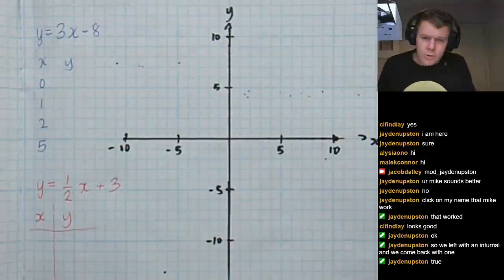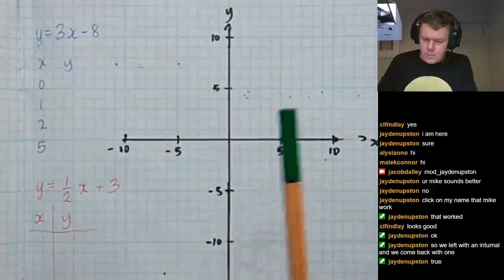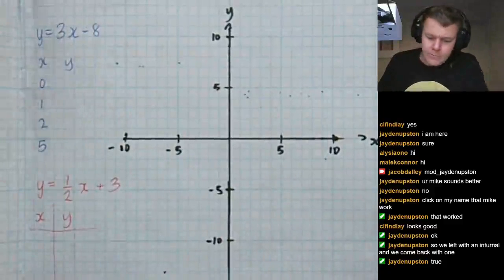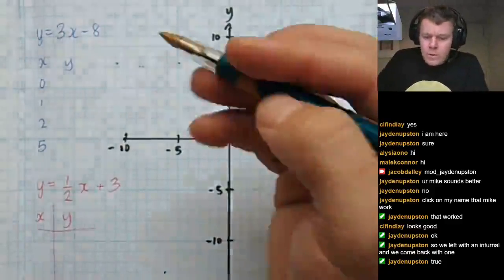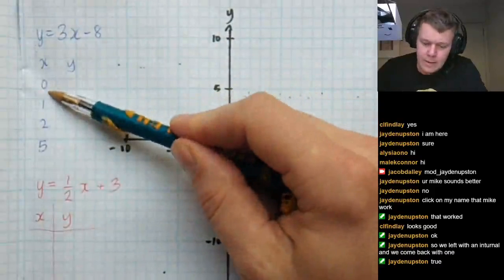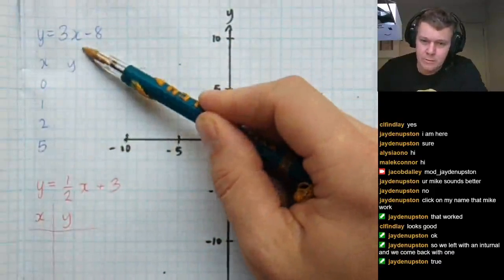Okay, now I'm going to do the reverse. We're going to plot the lines rather than find the equation from a given line. One way to plot the lines is to sub x values into the equation.